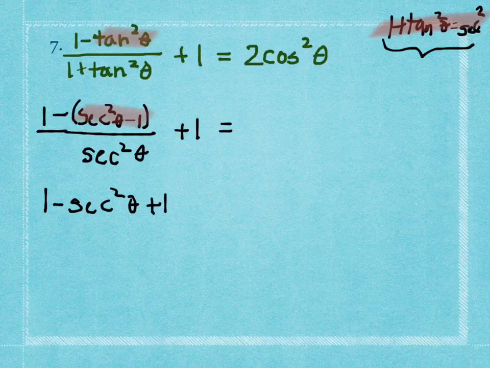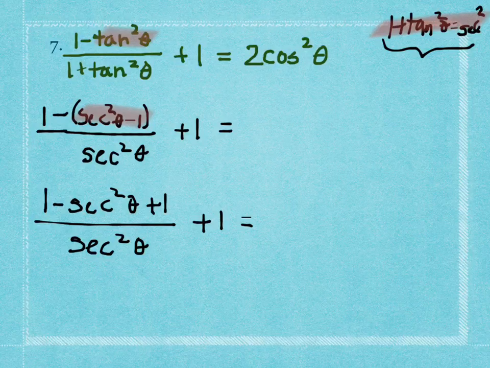Plus 1 over secant squared of theta, and there's a plus 1 out here as well, isn't there? Because I've got a negative times a negative right here. Right, we're just distributing the negative through.